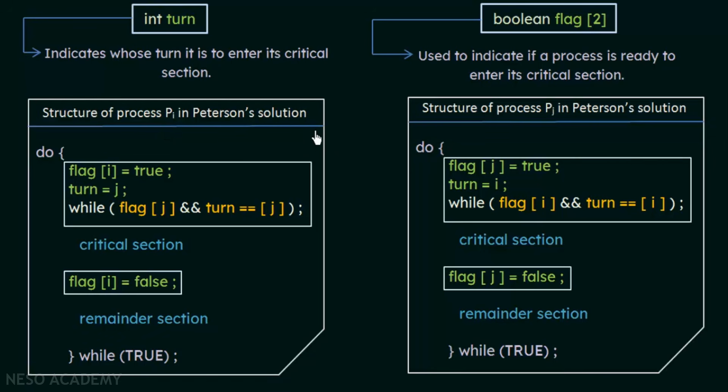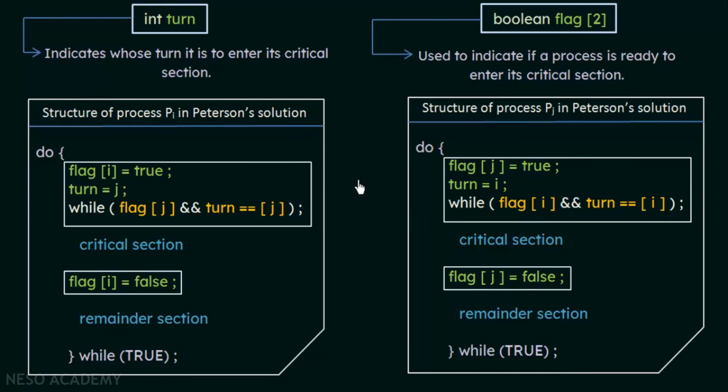Pi and Pj both wanted to enter, and both of them sent the request. Then Pi set the turn to j, and Pj set the turn to i. So eventually Pi got the critical section for its execution, and after Pi's execution was complete, Pj, which was still waiting because of this loop, also got its chance as soon as Pi finished. So there is no indefinite waiting. So bounded waiting is also fulfilled.